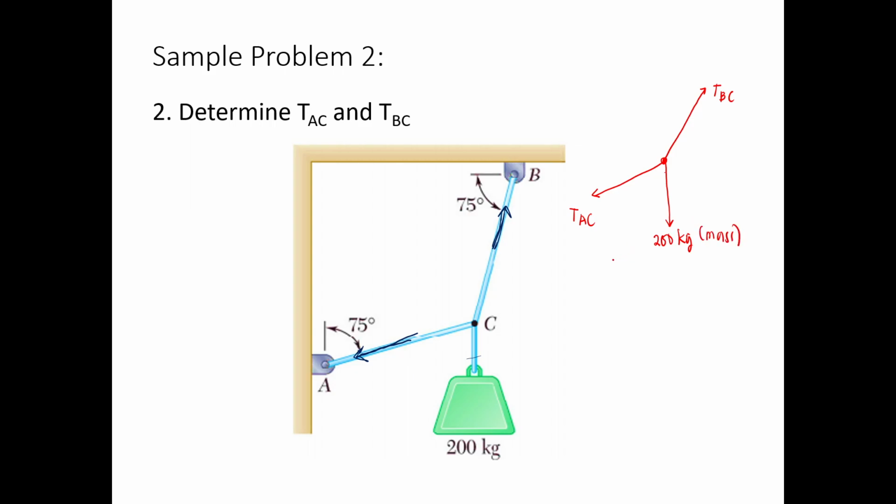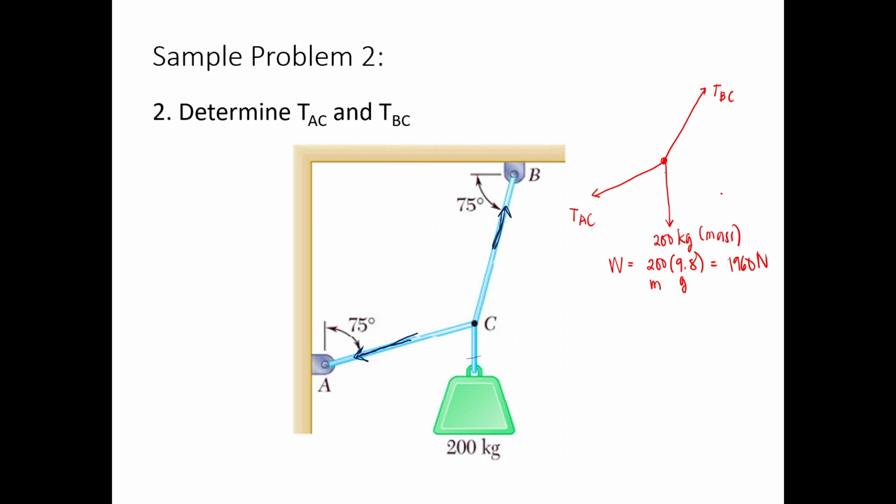For this one to be converted into the weight or the force aspect, that would be 200 times 9.81, 9.8. So mass times gravity. So this will give us 960 newtons.